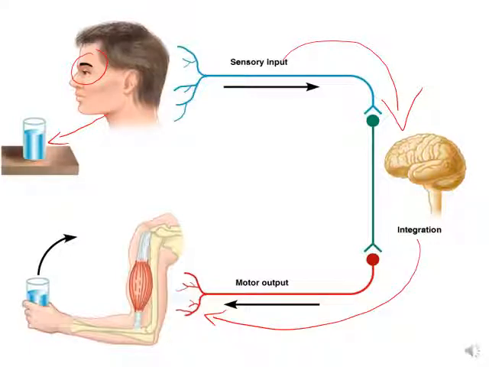So the message from the eyes toward the brain is sent through the sensory input, through the afferent neuron, whereas the message from the central nervous system toward the hand is transported by the motor output, which represents the motor neuron, which is the efferent neuron.